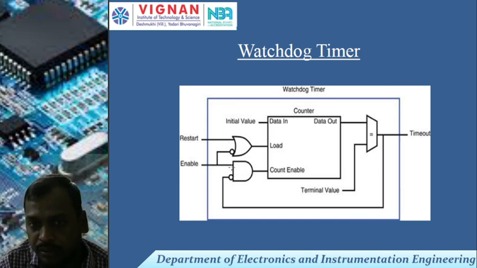For the AND gate, both ones give 1 only, and the remaining states give 0. Here observe the initial value, counter, and data out. Whenever enable is 1, the output is 1. It will count the enable. When restart is 0, the output is 1. That means the data will be communicated to the output device, data out.